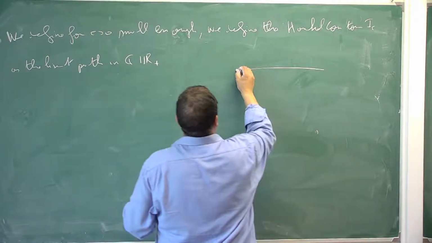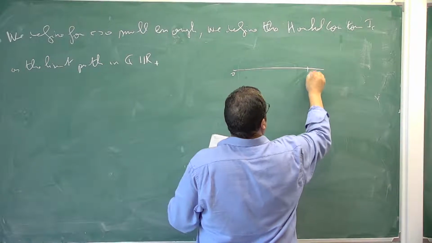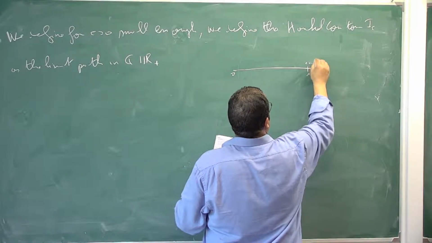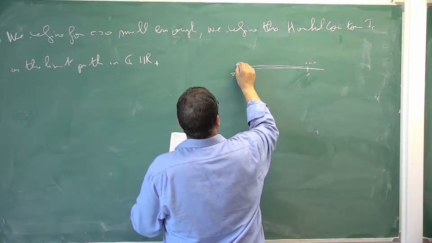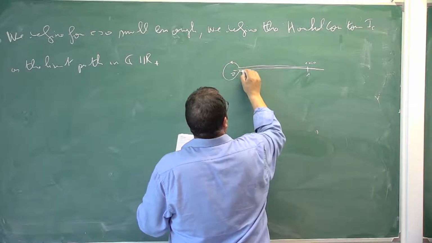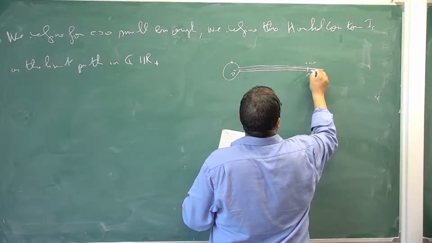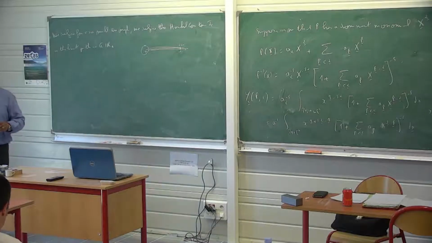You have here 0, and here you have 1. You come from 1 plus E0 until here, until epsilon, and you do that, and you return here to 1 minus E0. Yeah? This is the Hankel path.